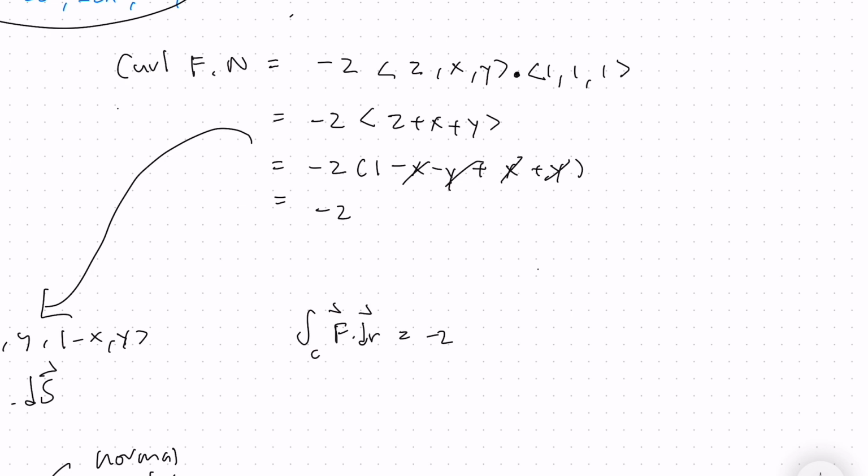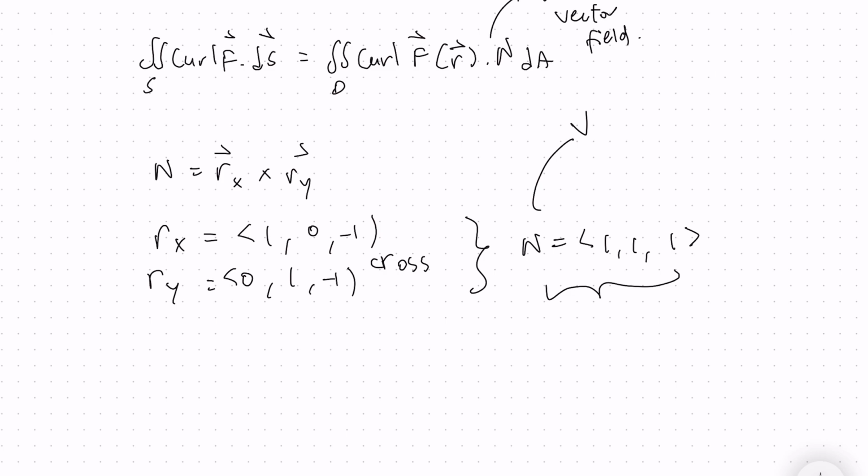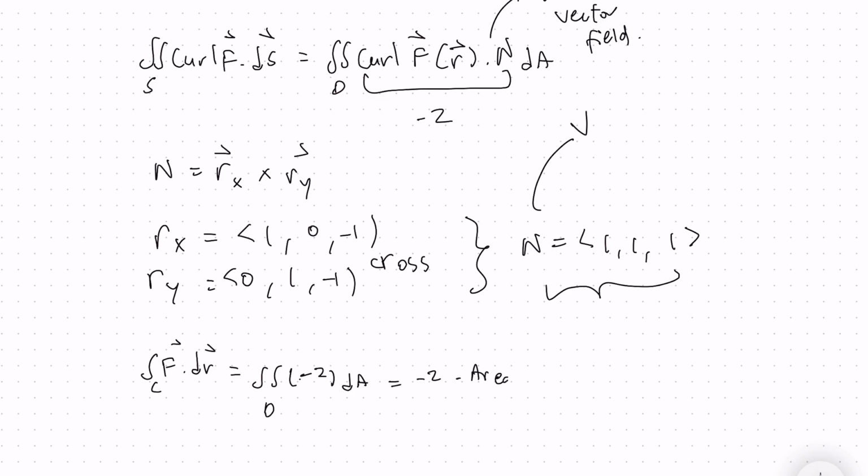So our integral of F dot dr, this is the integral for the closed surface. It is the double integral over this triangular region D of minus 2 dA. That's just minus 2 times the area of this region D, and we don't need calculus to compute this area.